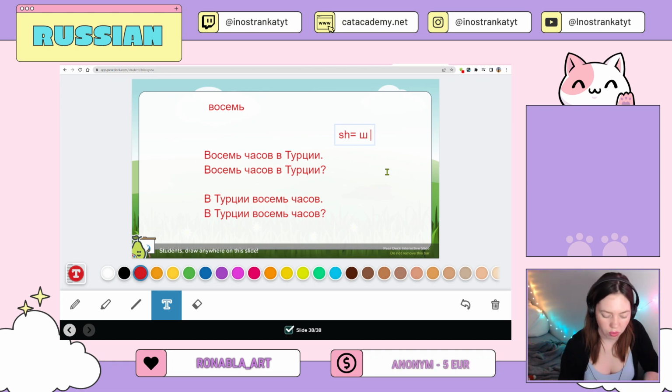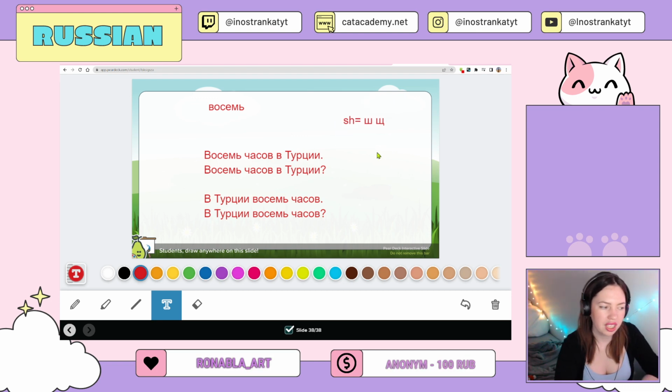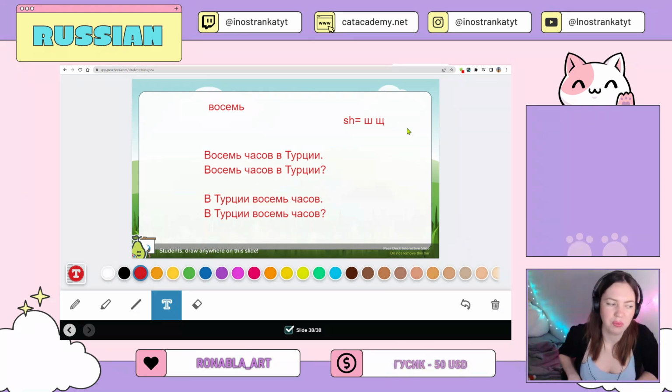Or it could be also other one sh. They look very similar, but when you're a foreigner, it doesn't matter which one you would write because they are almost identical, and even if you write it differently, the meaning of the word will not change because there are not so many words that begin with either of these letters or have them in the middle or at the end. So it's quite easy.